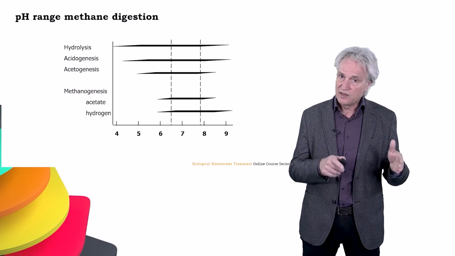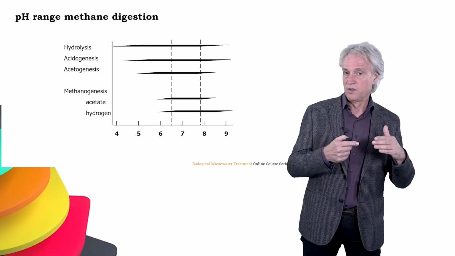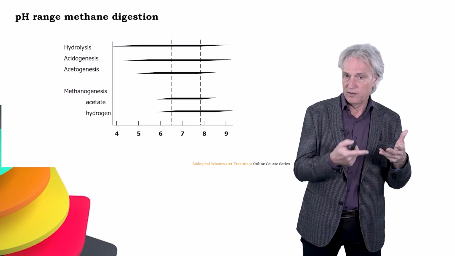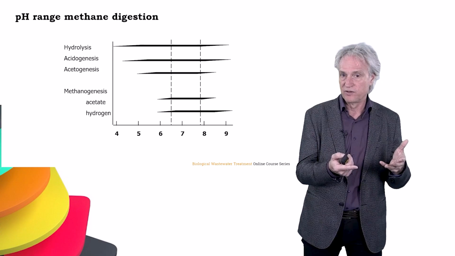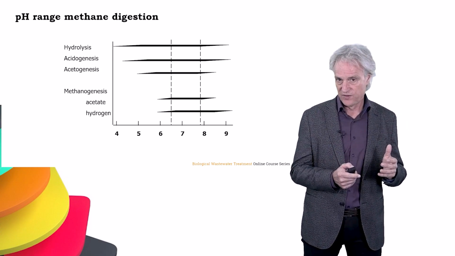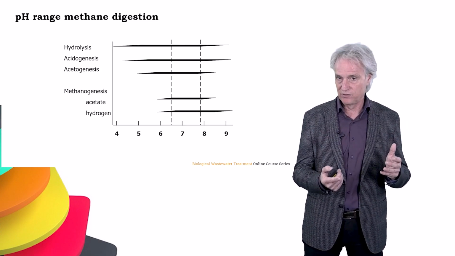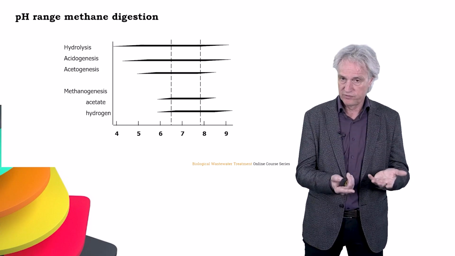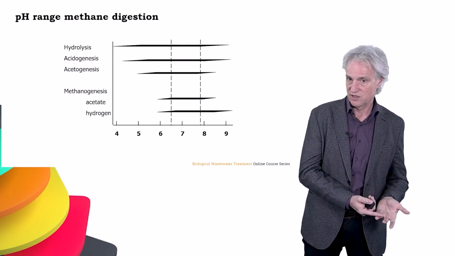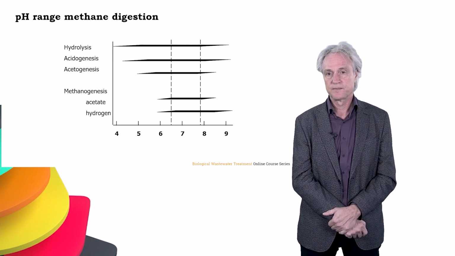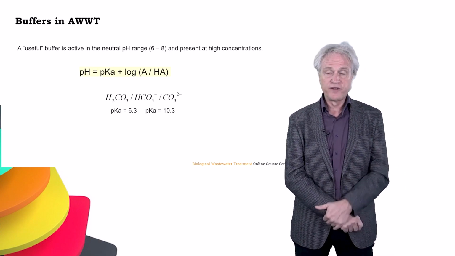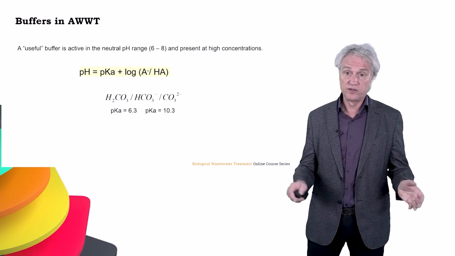And that means the fermentative organisms will be active as well at pH 6, pH 5.5. Meanwhile, the methanogens not. So if the pH drops to that level, we will kill off the methanogenic sludge inside the anaerobic reactor. We have to prevent that, so we are dependent on a buffer which is there.